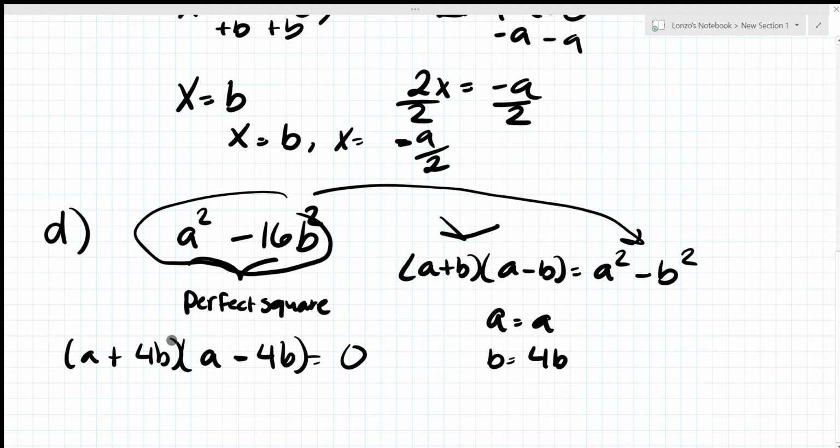It never says solve for a or b. So you could just leave it like this, or you could solve for a, right? A is 4b, and then a is negative 4b. So either way is correct. So that was D.